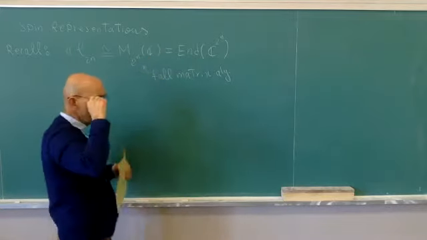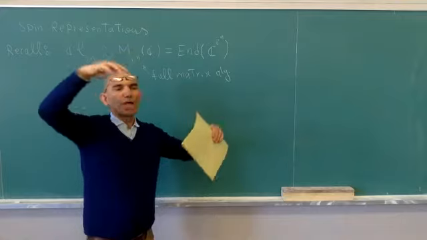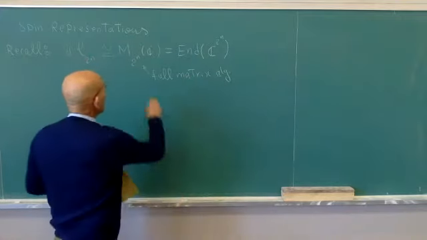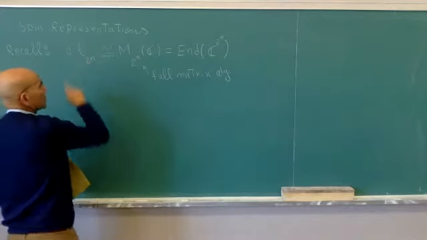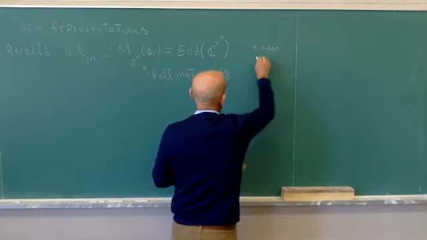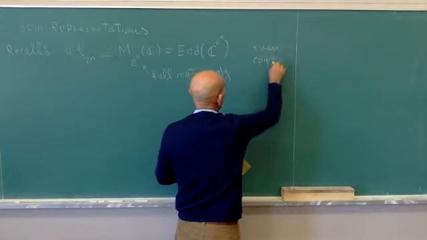And these are huge matrices, 2 to the n times 2 to the n, where n is even. So this is the even complex Clifford algebra.